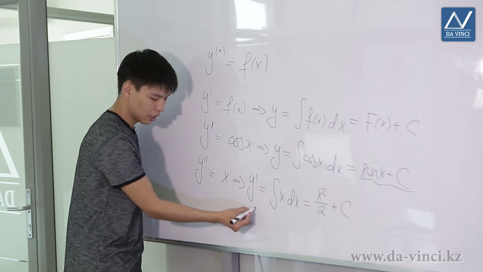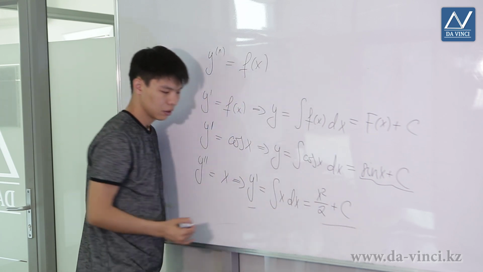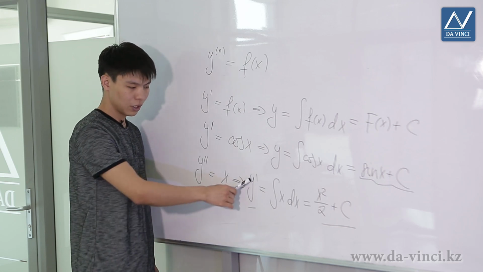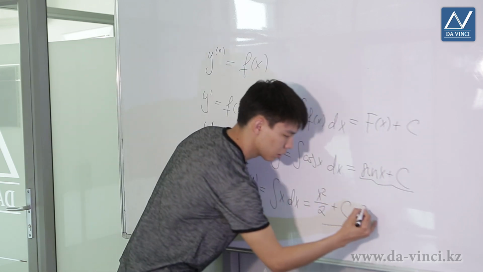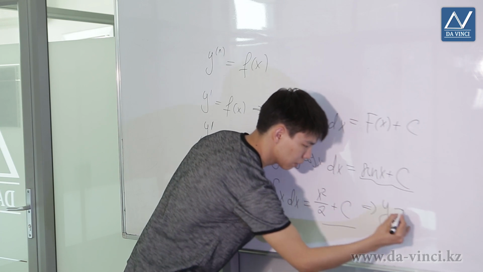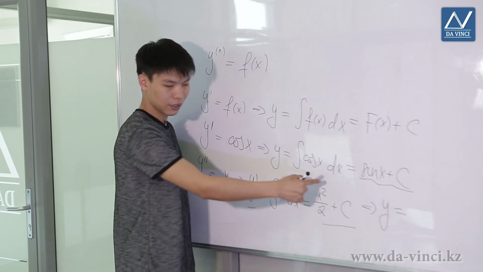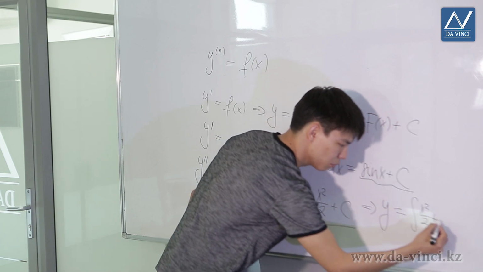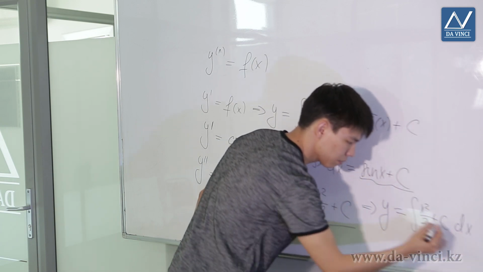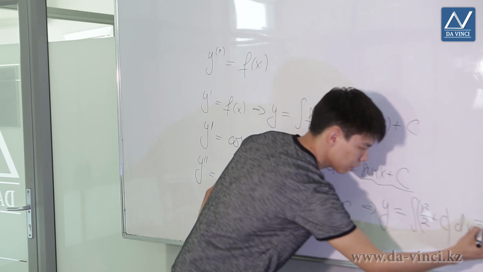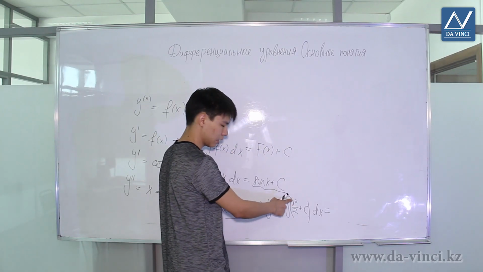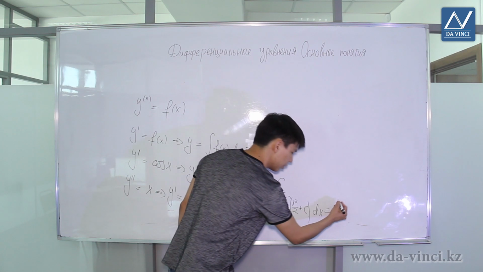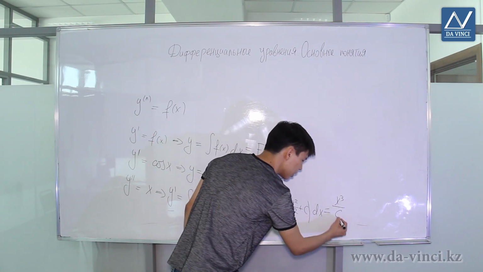Now you have the equation y' equals this expression. We integrate again in order to find y. We get y equals the integral of x squared divided by 2 plus c dx. Let's integrate. The integral of x squared is x cubed divided by 3, and halved, that is, we have x cubed divided by 6.